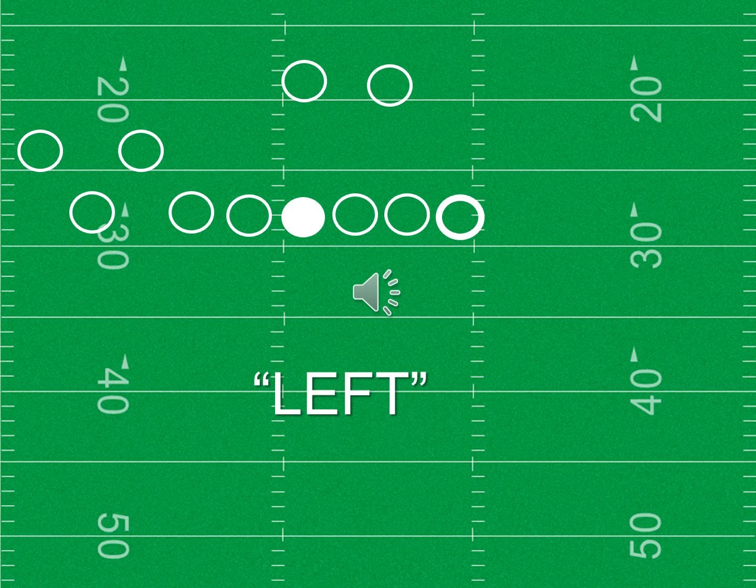Game plan can actually decide whether we're going to be in a criteria 1 or criteria 2 setting throughout the game. Now our base rule in this case is we are in criteria 1, strong left, 3 receivers are to our left.